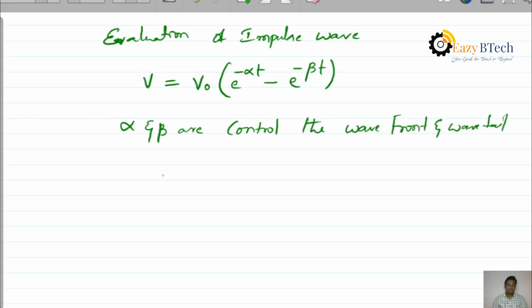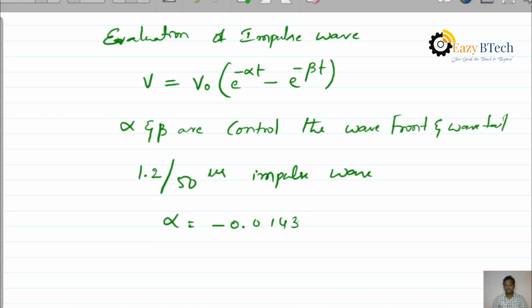Suppose for example, if you take a 1.2 by 50 microsecond impulse wave, the value of alpha equals minus 0.01436 and beta equals minus 2.467 for this waveform.